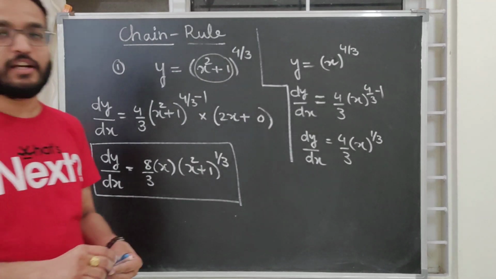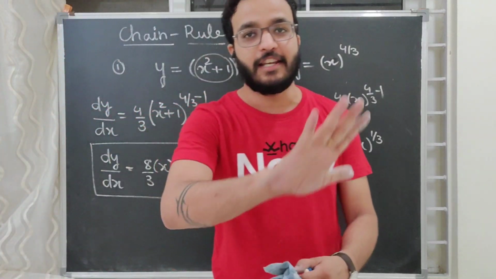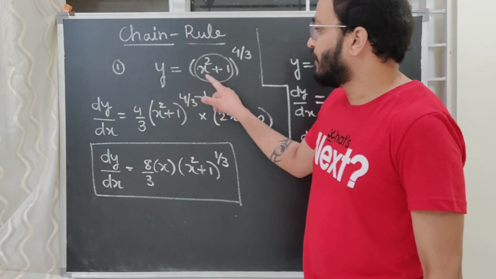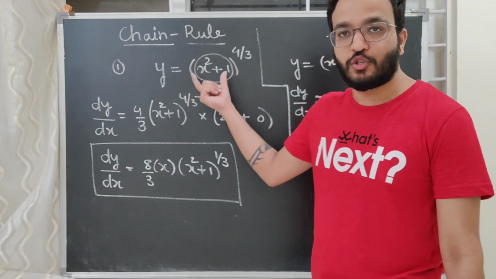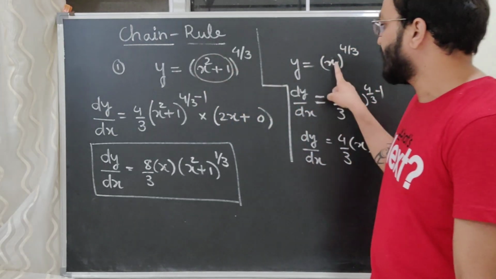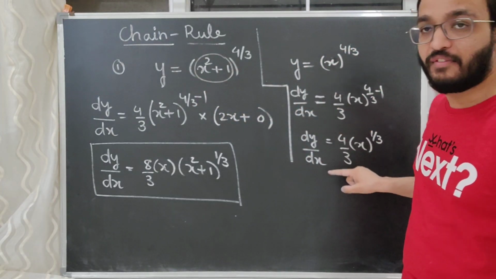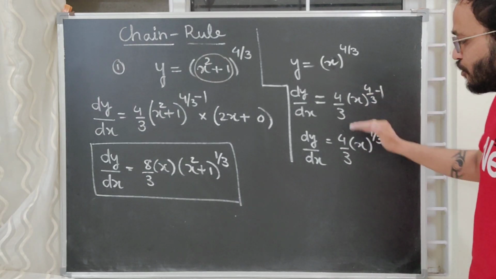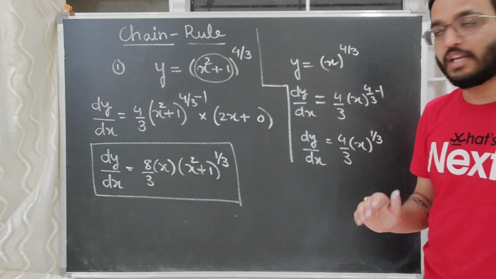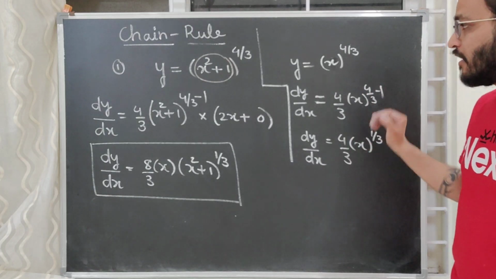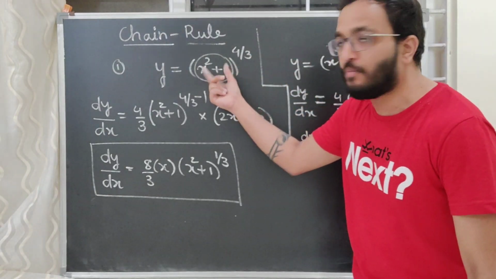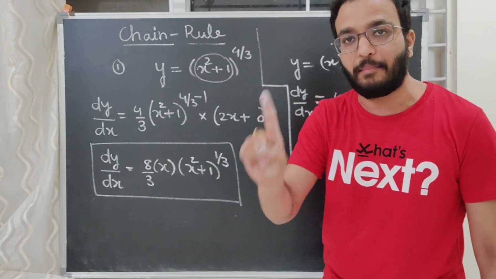So what we did, we actually formed a chain here. Now what was the chain? We said if instead of x square plus 1 we can get a single function, then the differentiation can be very easily done. So we assumed x square plus 1 to be a single capital X, suppose.